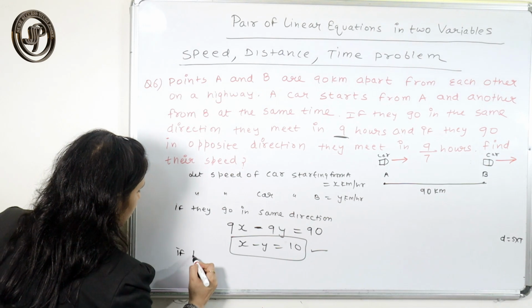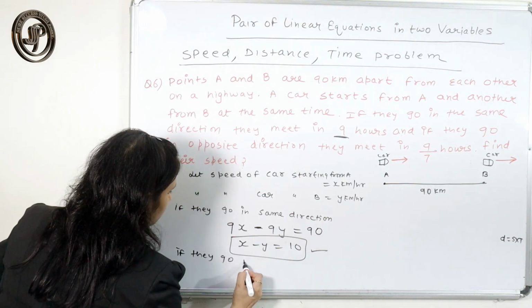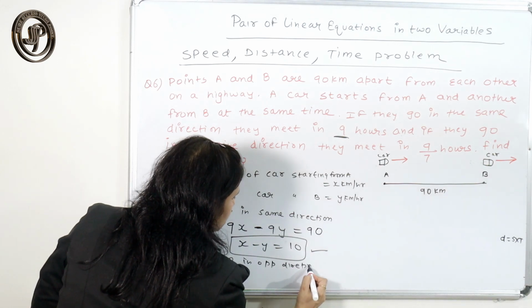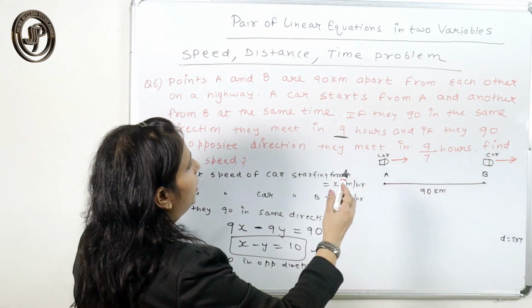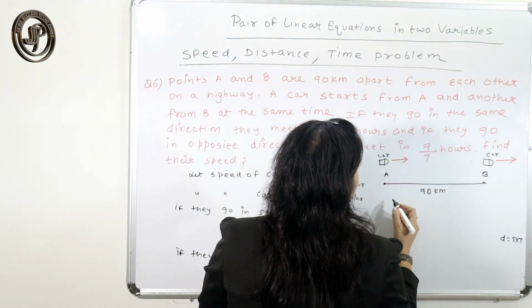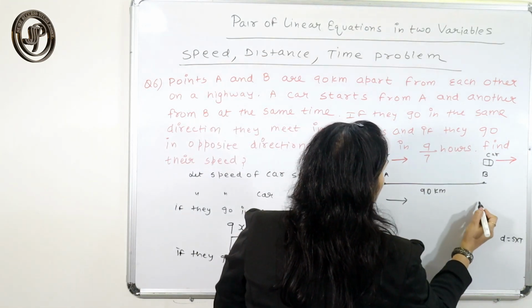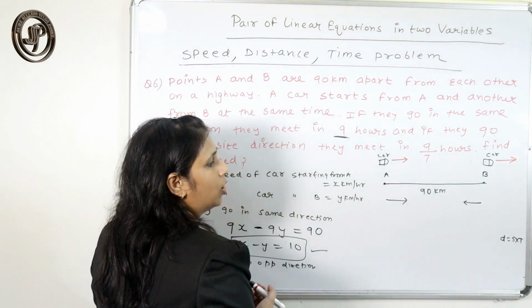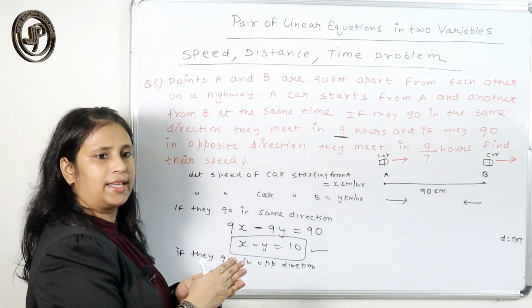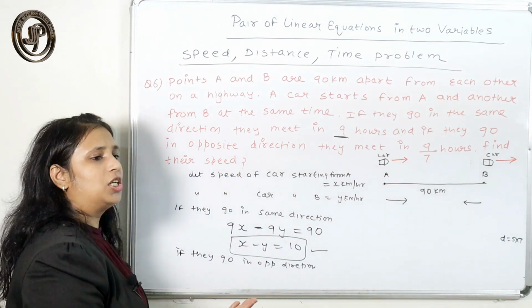If they go in opposite direction, how much distance do they cover? They meet in 9 by 7 hours, meaning one car goes this way and the other car goes that way. What is the total distance covered?